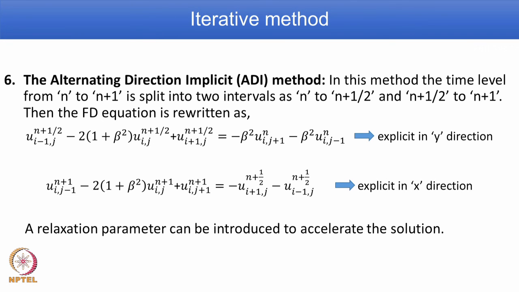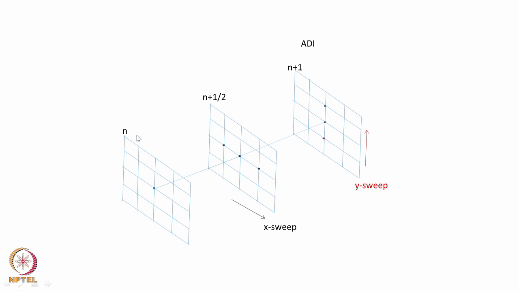It is also possible to introduce a relaxation parameter as we did in the SOR procedure and accelerate the solution. Now, the ADI method is explained graphically as shown here. So, at n plus half you do a sweep in x direction and at n plus 1 you do a sweep in y direction.